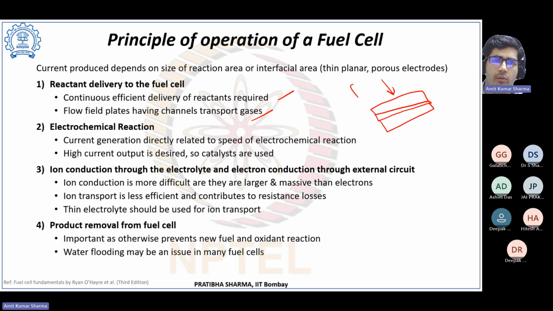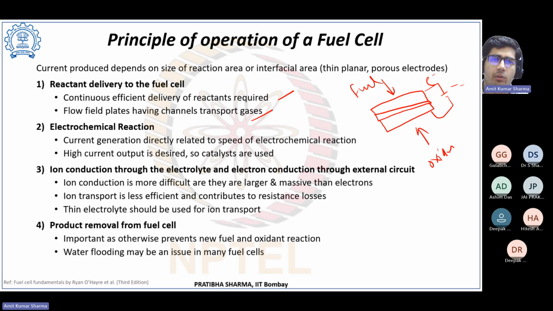This is the fuel, from here the oxidant, and you are collecting the electrons. Basically there should be continuous efficient delivery of reactants.